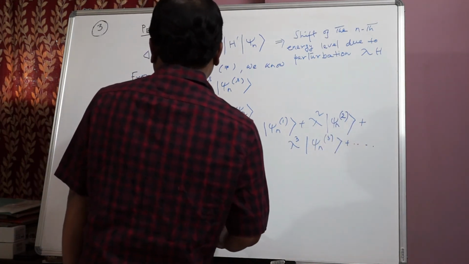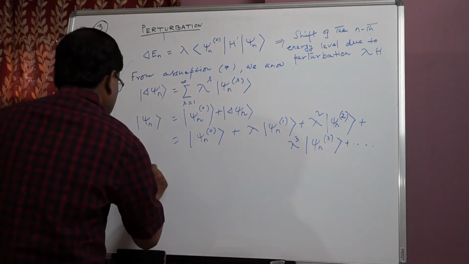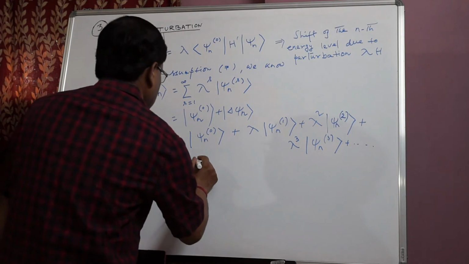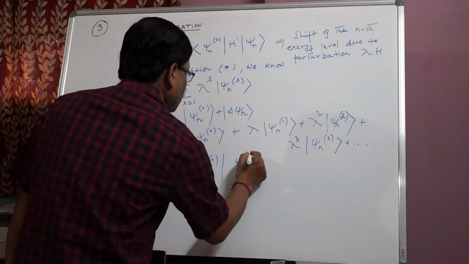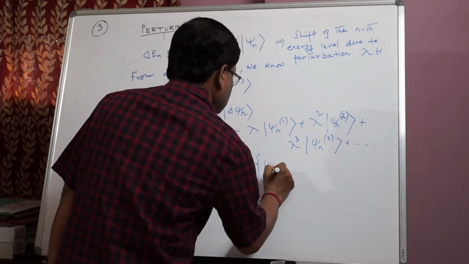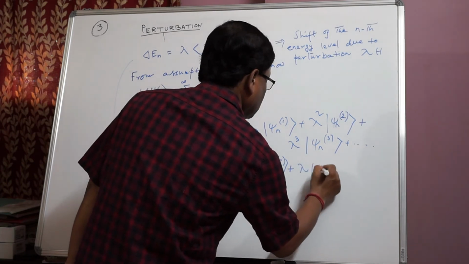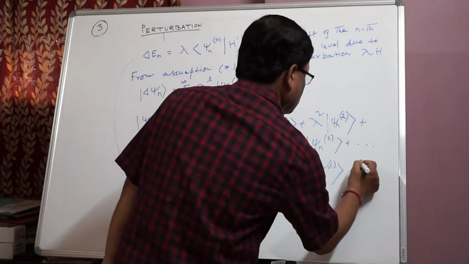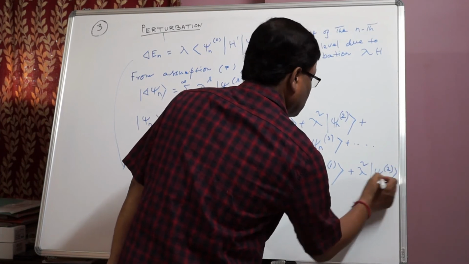And then del En, so I can use this one, del En is lambda psi n0 h prime, and then this expression psi n0 plus lambda psi n1 plus lambda square psi n2, and so on.